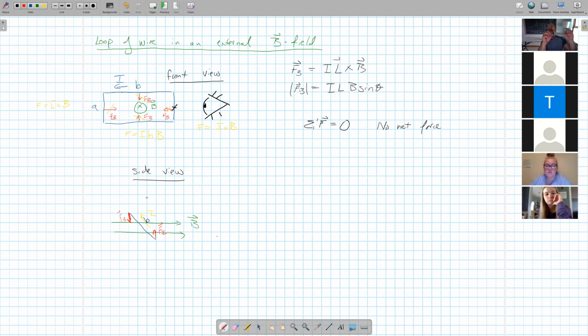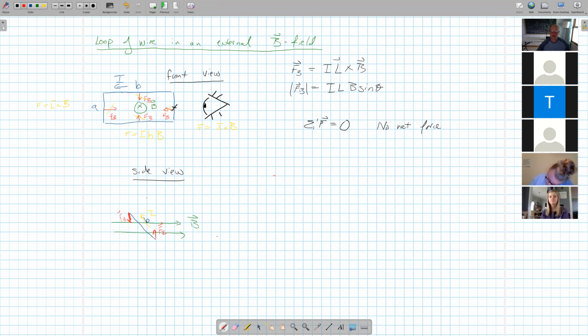Right? So this thing is going to feel a torque, because it's going to rotate. So even though this one is being pulled down and this one's being pulled up so that it's not accelerating, it is going to rotate to try to align itself with the magnetic field, which means it is going to feel a torque. So this thing will feel a net torque.